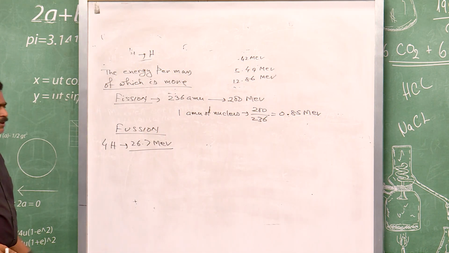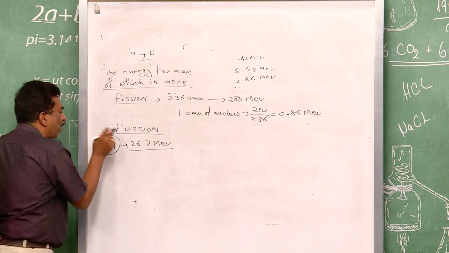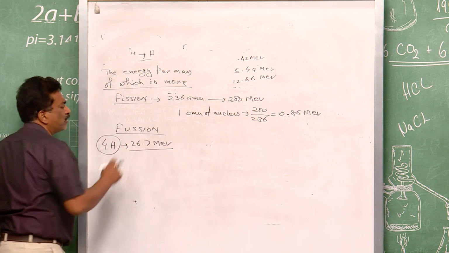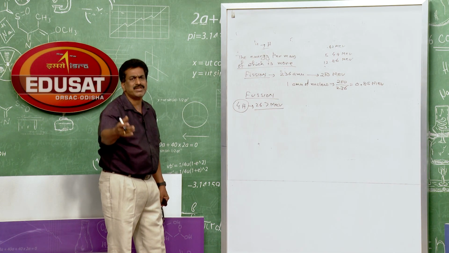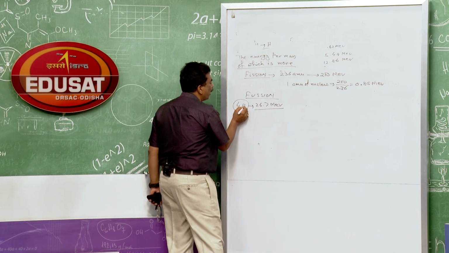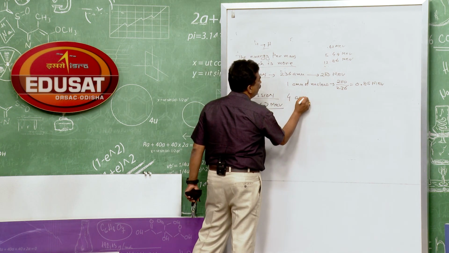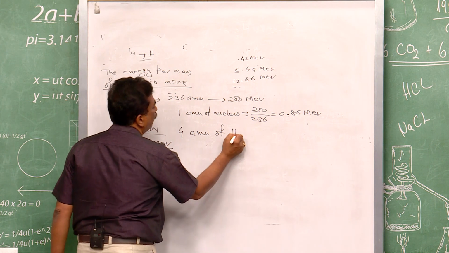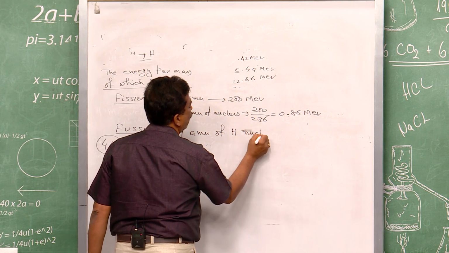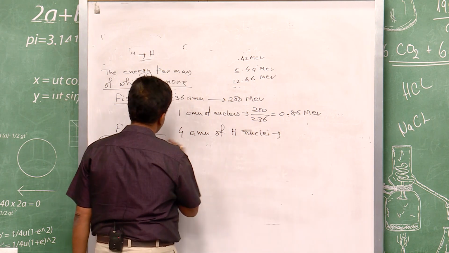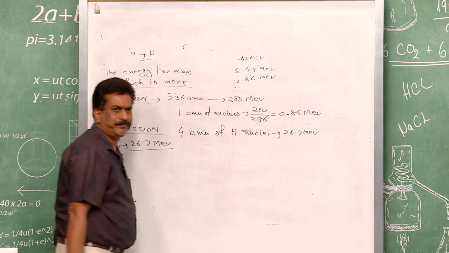If we add them and balance, it is observed that for 4 hydrogens, 26.7 MeV of energy is released. Means 4 hydrogen will be how much? 4 AMU. So 4 AMU of hydrogen nuclei releases 26.7 MeV.